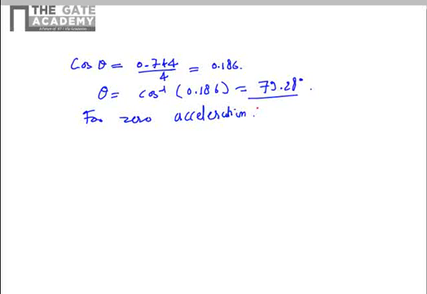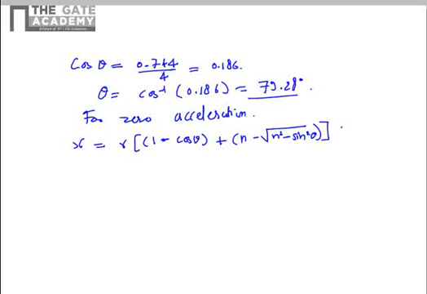Now we have to find x, the displacement from inner dead center: x is equal to r times (1 minus cos theta plus n minus square root of n square minus sin square theta). This is the exact expression. If you want a quick answer, you can use the approximate one, r times (1 minus cos theta).